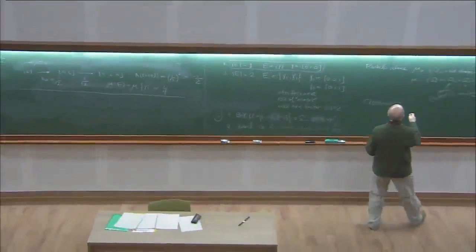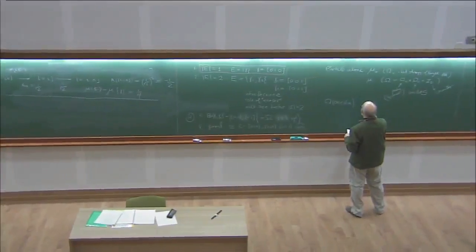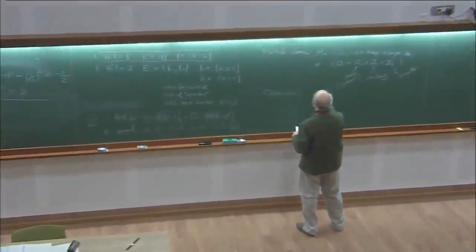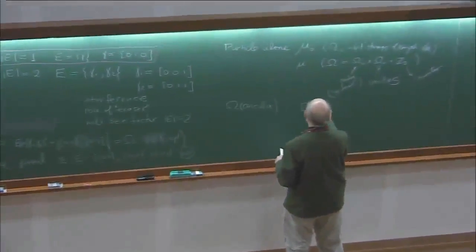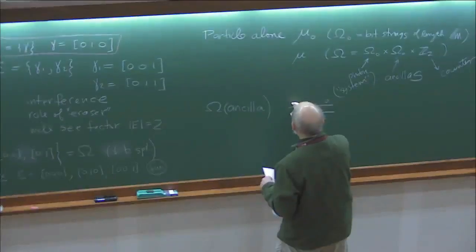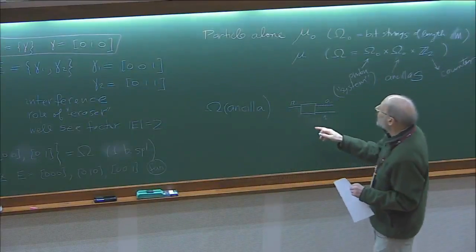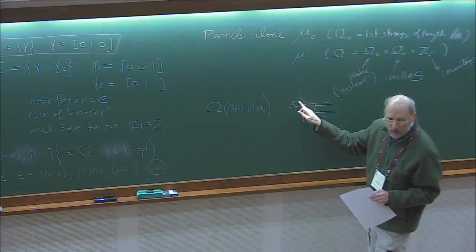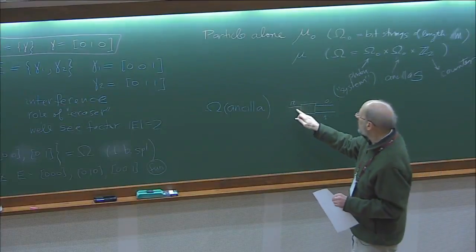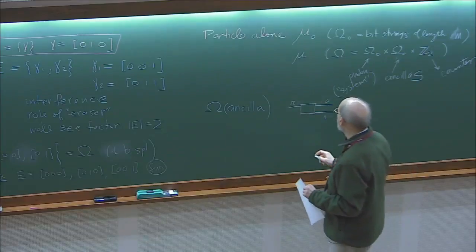And what the ancilla can do, as in that picture of the ancilla, is make a transition into one of 2 beams, 0 and 1. It starts, since I really don't care what this is, a 0 or a 1, I'll just call it R for ready. So the ancilla starts in the ready beam, wherever that is, and then it ends up as 0 or 1.